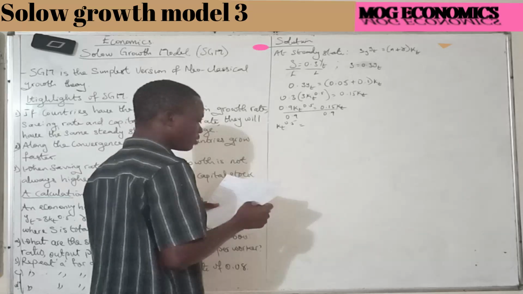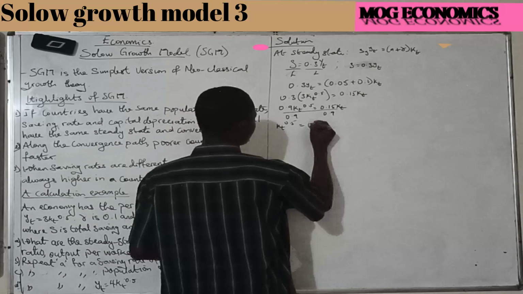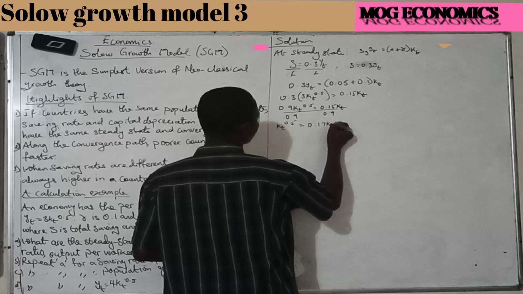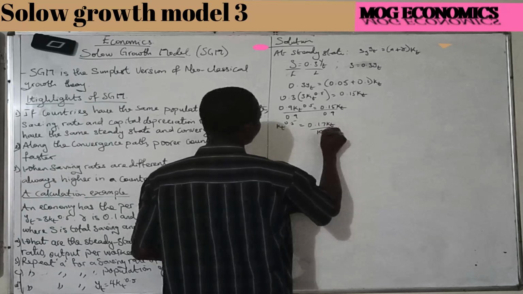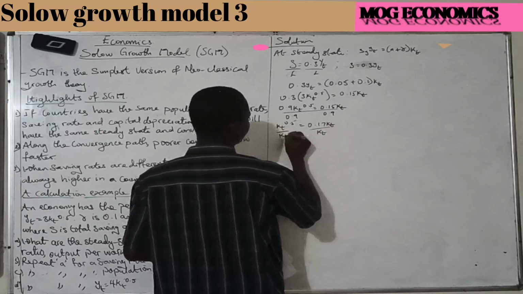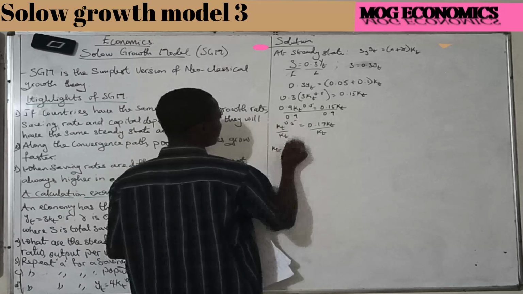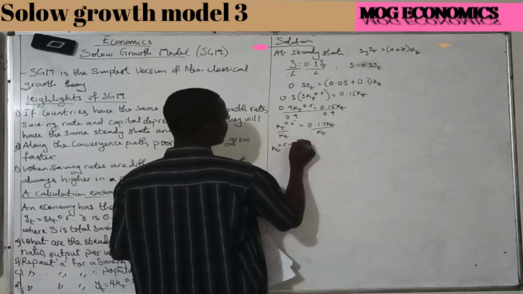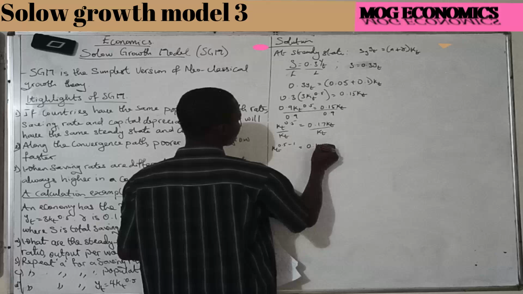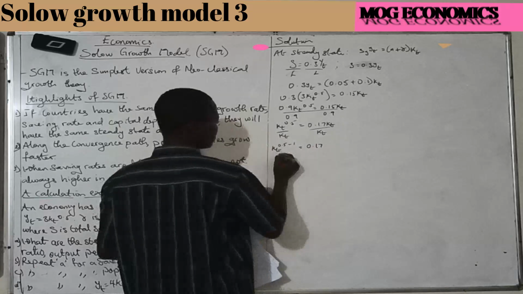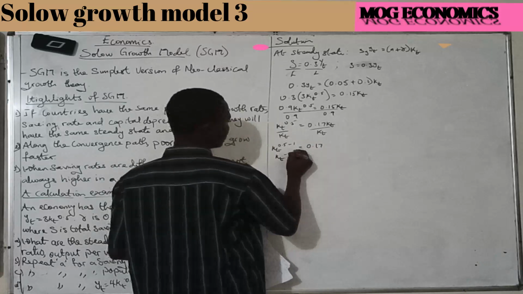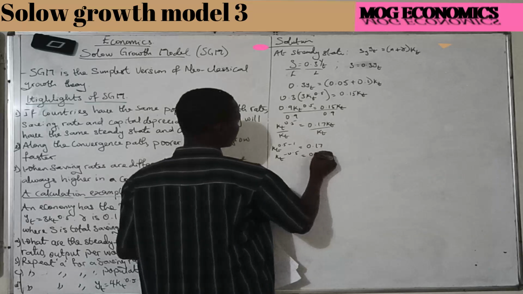So we have KT raised to 0.5 equals 0.15 divided by 0.9, which gives us 0.17 KT. So we divide through by KT. So this is KT raised to 0.5 minus 1, equals 0.17, so KT raised to minus 0.5 equals 0.17.